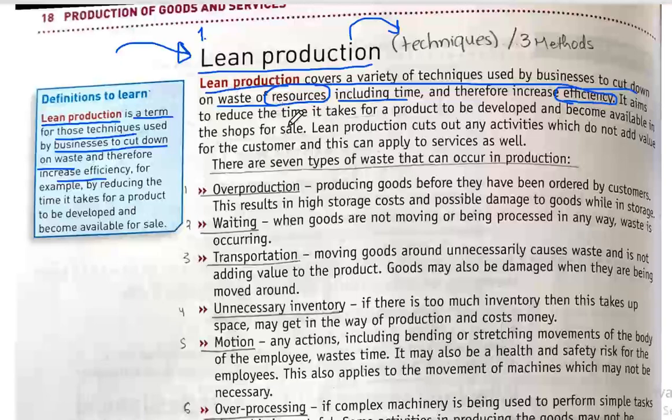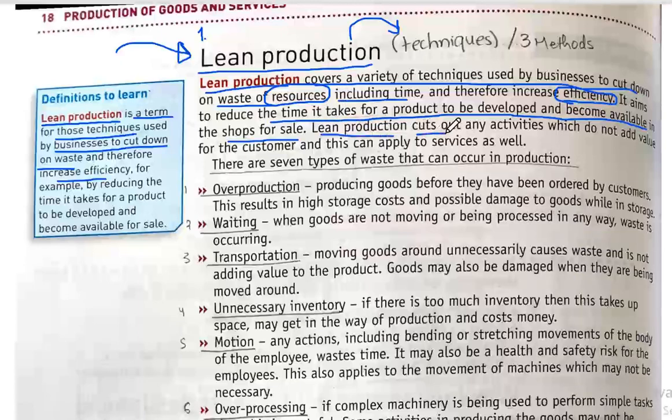It aims to reduce the time it takes for a product to be developed and become available in shops for sale. If I use the techniques of lean production, instead of the product taking, let's say, 3 days from production to being available for the customer in the shop, it's going to be just 1 day instead of 3 days.